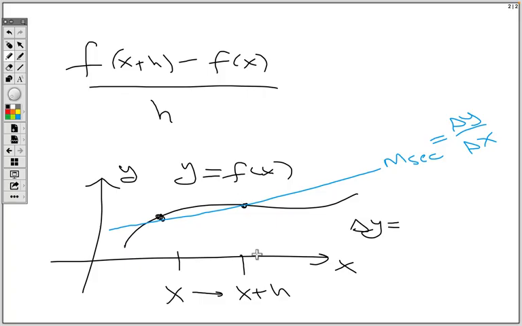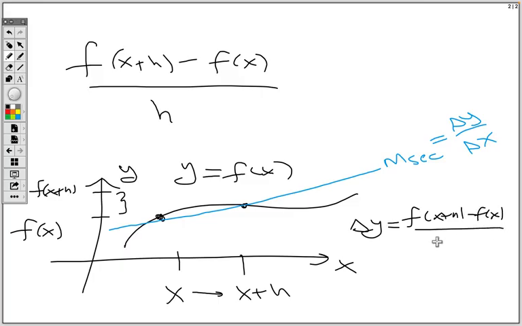the change in y is going to be, well, the y value at x is f of x. The y value at x plus h is f of x plus h. So this is the change in y. And then the change in x here would be x plus h minus x, which is h.